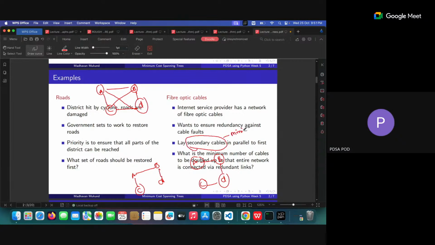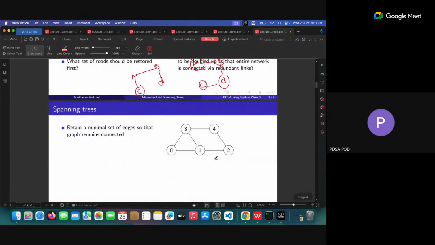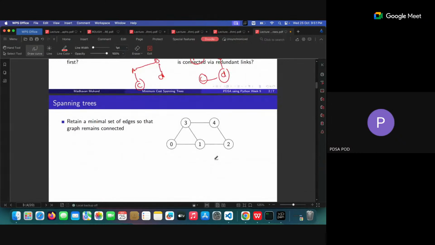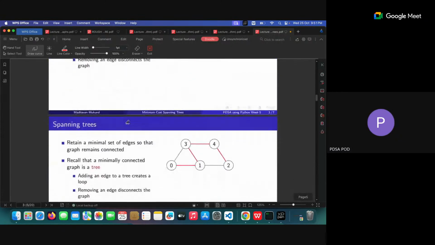If the actual line has gone, you can use the secondary line. So if you want to reach C, you can reach A to B, then B to C, something like that. That is what is called a spanning tree. It connects all of them. So remember, a spanning tree is always a minimum set of edges. Remember it, the minimum set of edges that has to be done. So let's look at the minimum set of edges, still continuing this example.